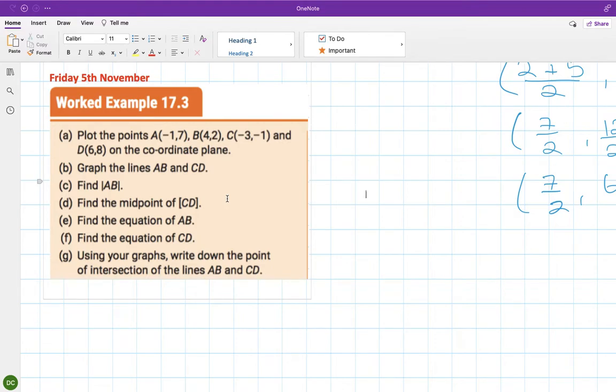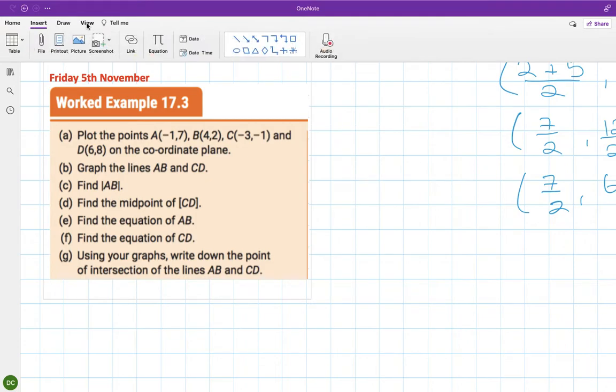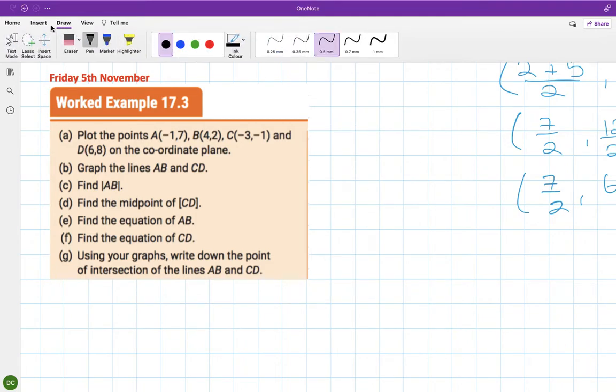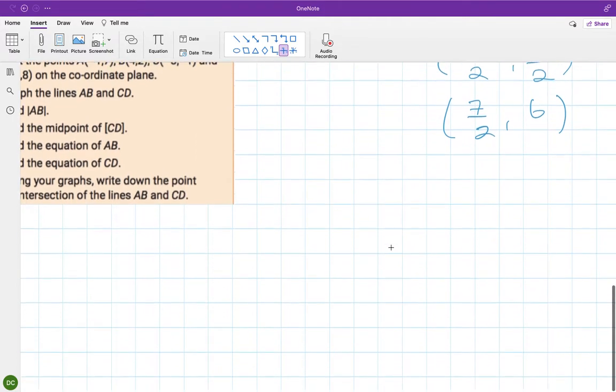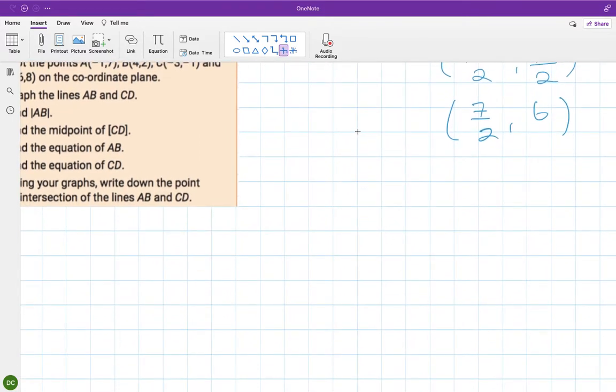So when I'm doing this, I normally pick the biggest single number, and that dictates the size of my graph.